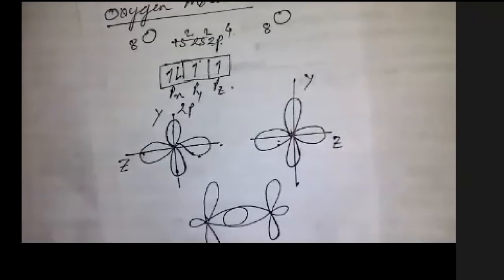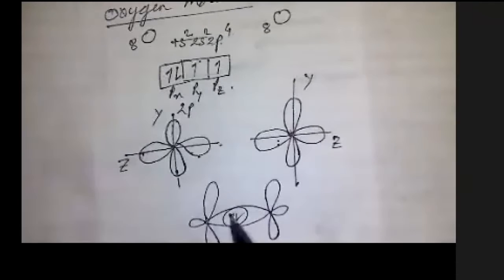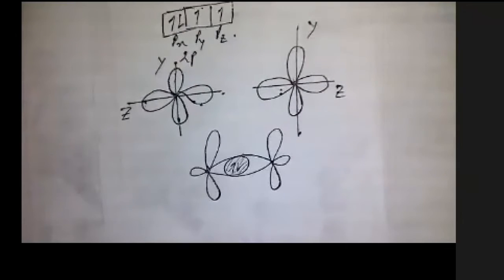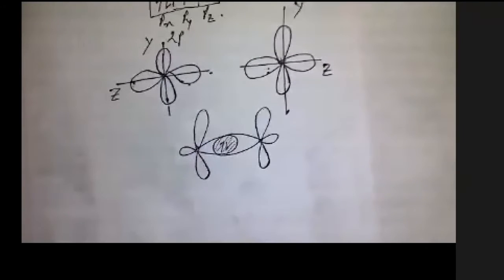One by one I'm showing. So the first one has overlapped, the electrons are here. In this you have the electrons. First one, they have overlapped. Now the second one also has to overlap.